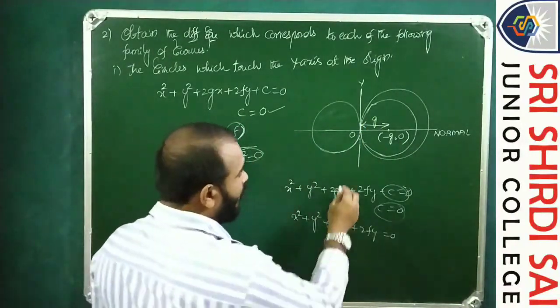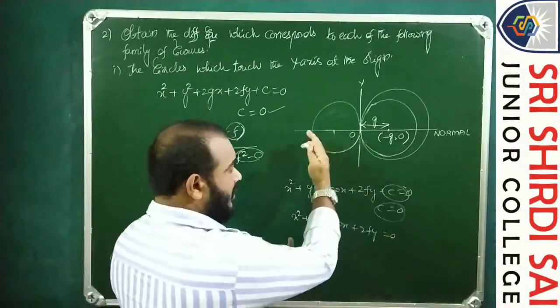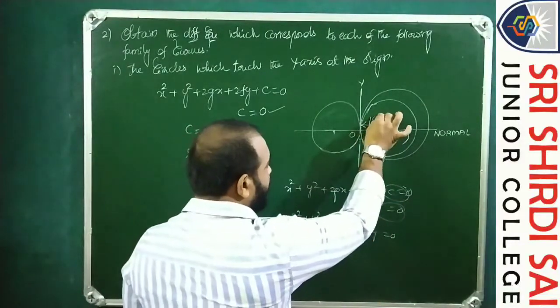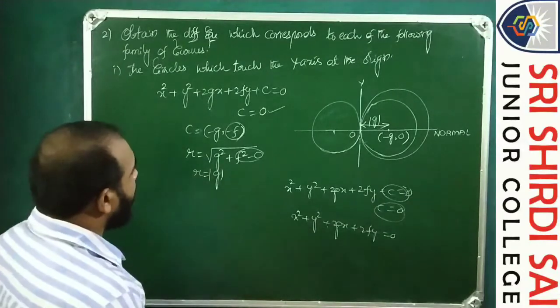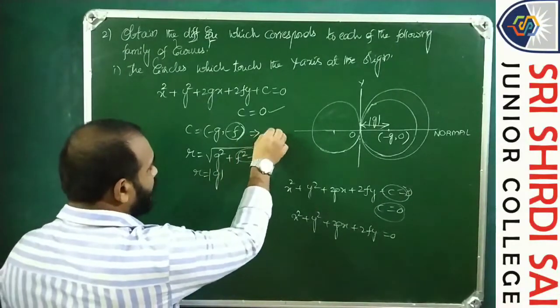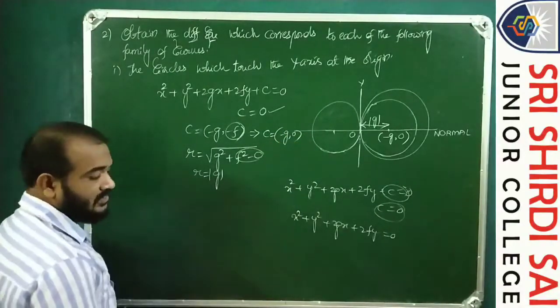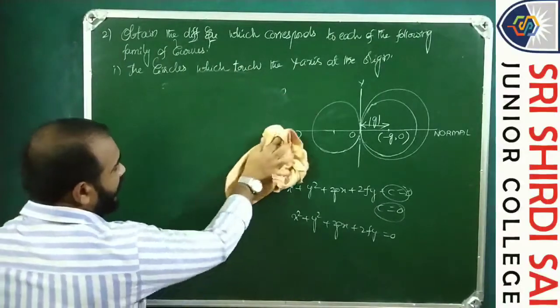G is taken as a modulus because the circle may be on the other side of the y-axis as well. Therefore, I will take the modulus of g. So I have center C as minus g comma 0 and radius modulus of g. With this, what is the equation of the circle now?